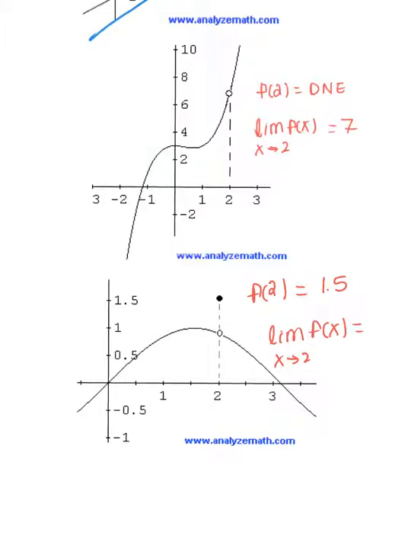I would say a little bit less, maybe 0.75, or let's just say a little less. Does this make sense? Do we have questions? 0.75 and 0.75 are the same thing.